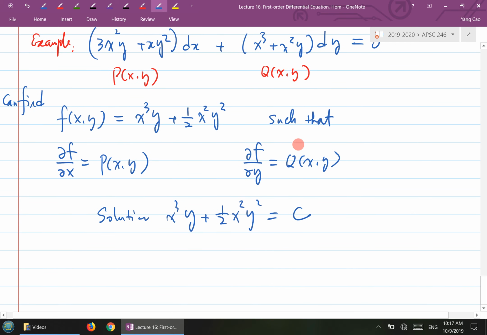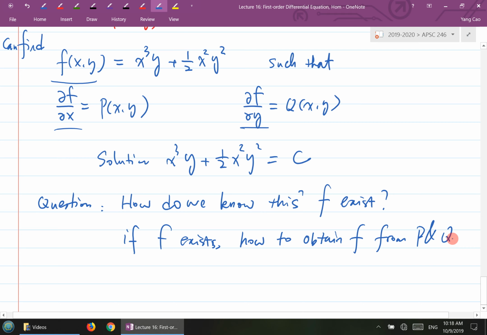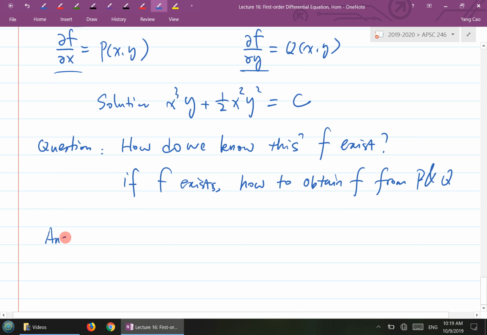If f exists, how to obtain this f from p and q. All good? To save myself a little bit of time, just remember the answer will be given later in the 248 class.